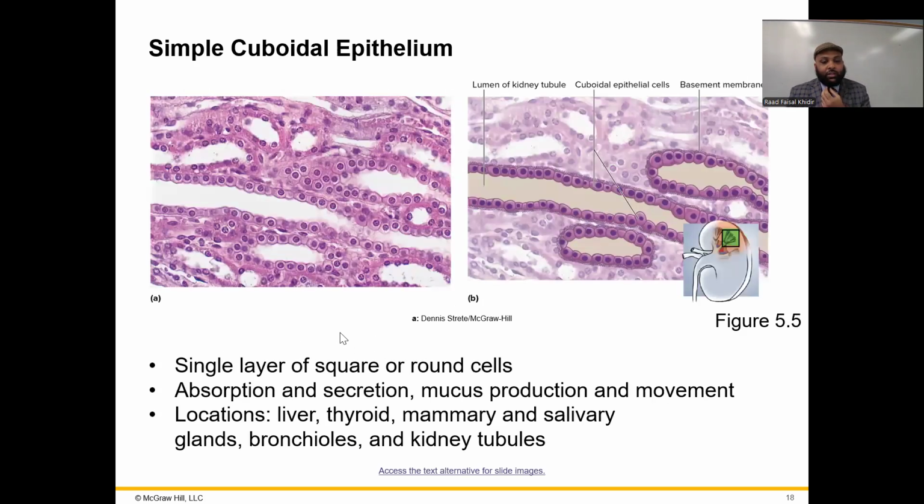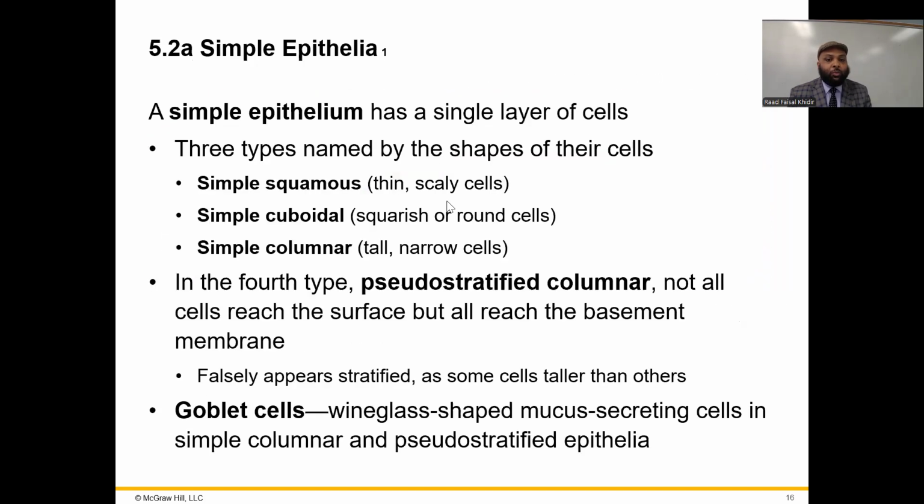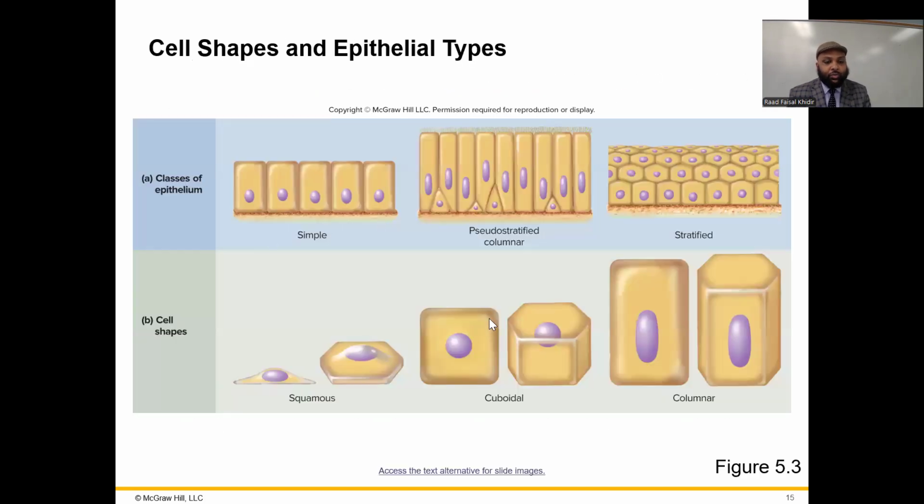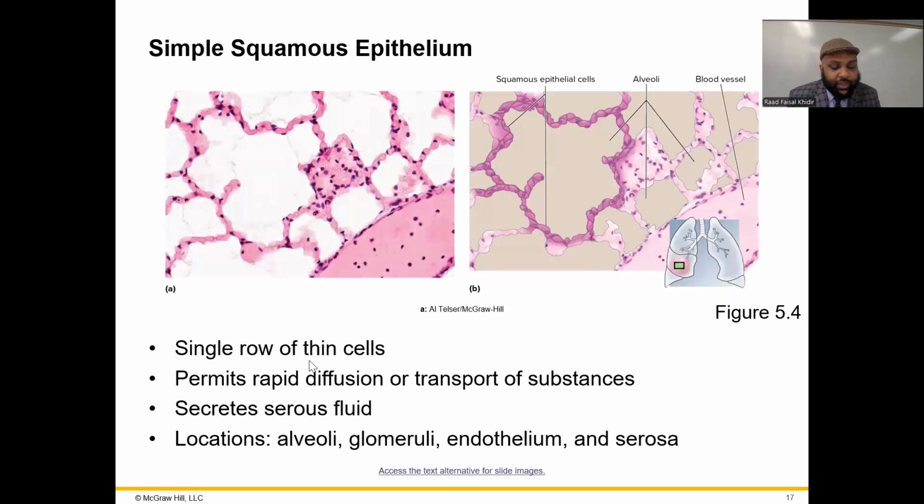This is a single layer of square or round cells. That's the simple cuboidal epithelium. It's our simple cuboidal right here.